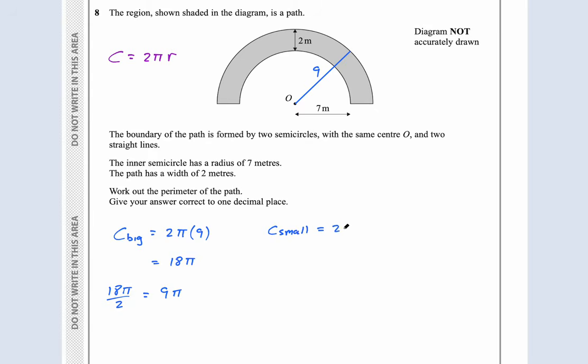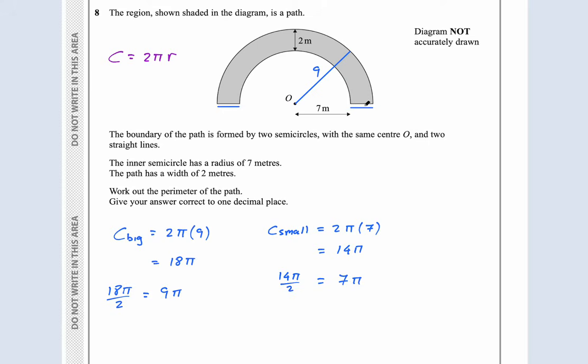Similarly, I'm going to do the circumference small equals 2 pi times 7, because this small radius is 7, which is 14 pi. And then I do 14 pi for the same reason, divided by 2, because it's only half the circle. Now I have 7 pi. So now I have big one, 9 pi, smaller one, 7 pi, and then I have to add this length here and this length here.